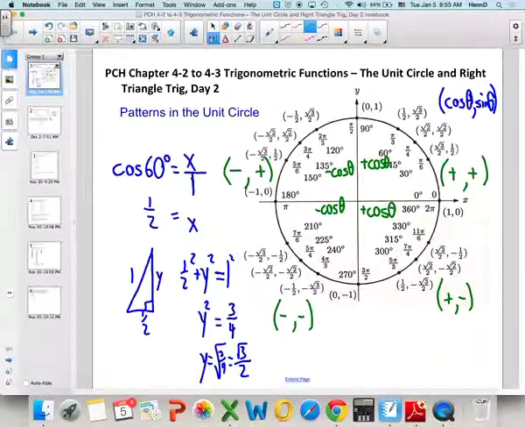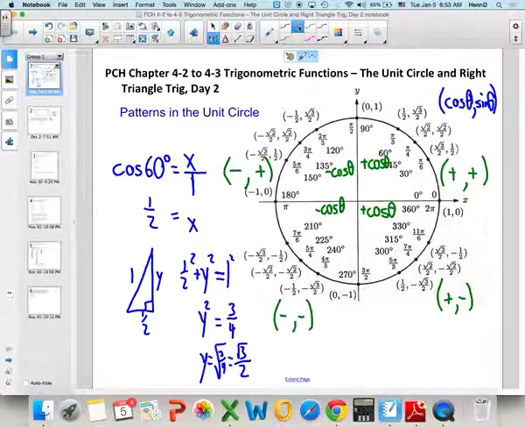So you'll see here, cosine is positive in the first and the fourth quadrants, but it's negative in the second and third quadrants. Now we're going to learn a real easy pattern to help us remember what's positive where. But let's keep going with this.